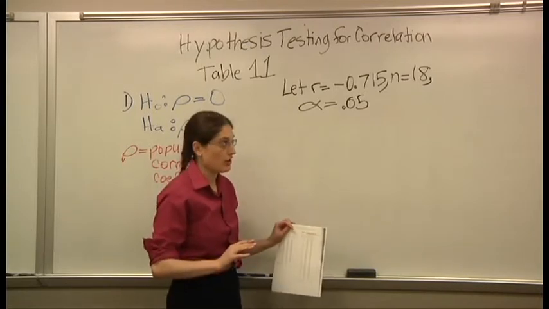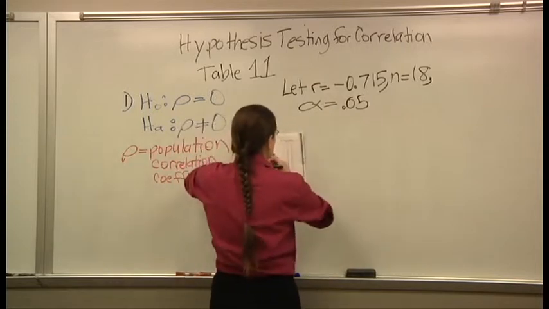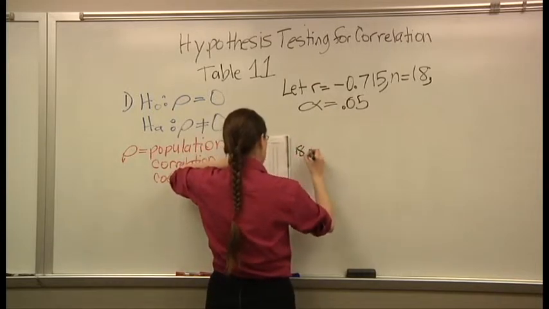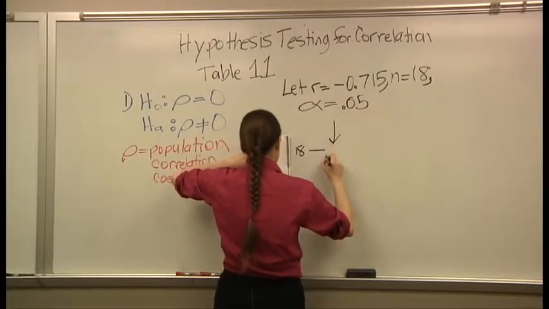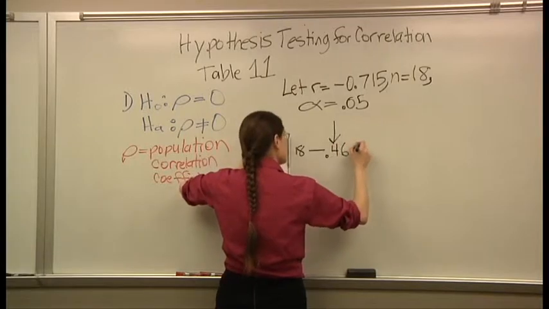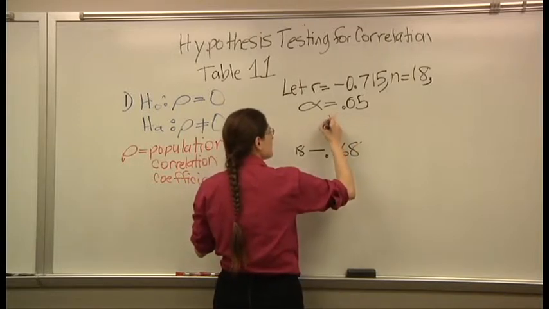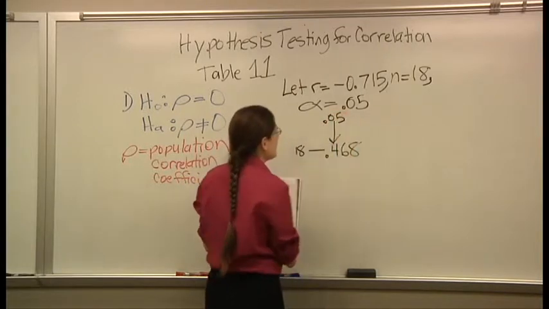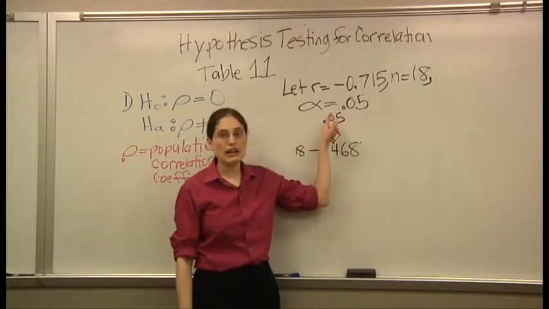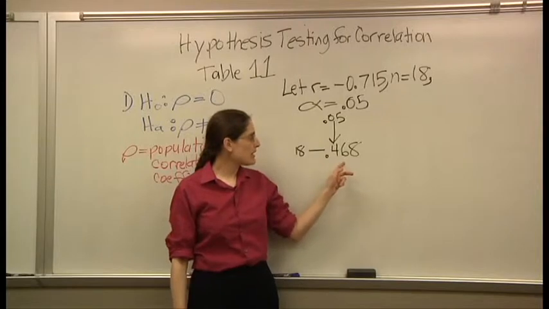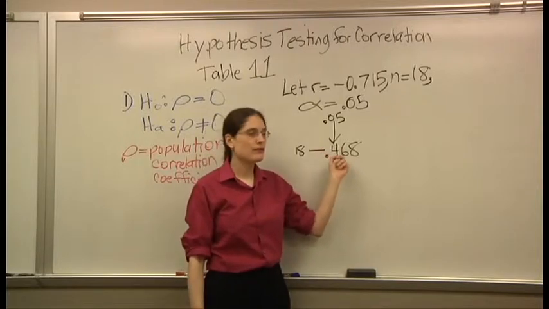Just add water. So if you look down the column 0.05, and row 18, you get 0.468.